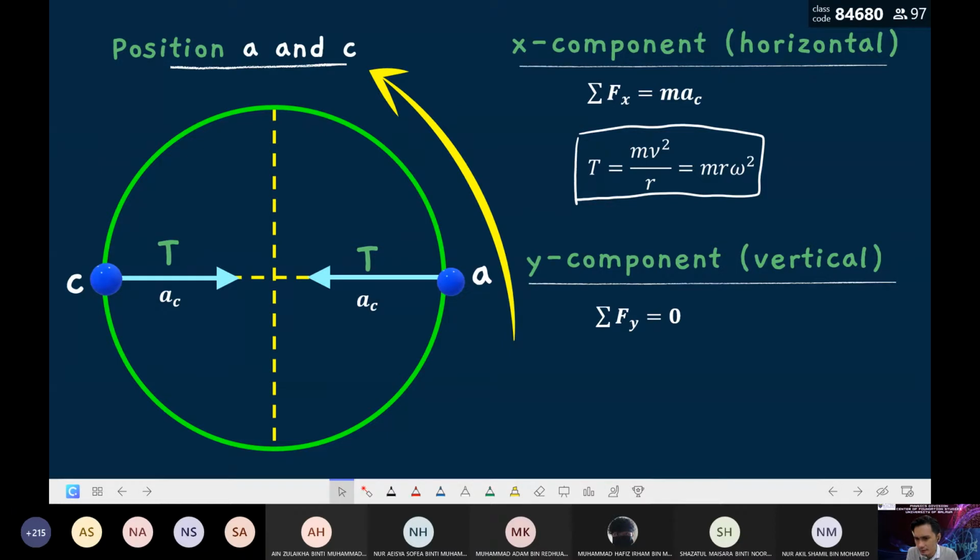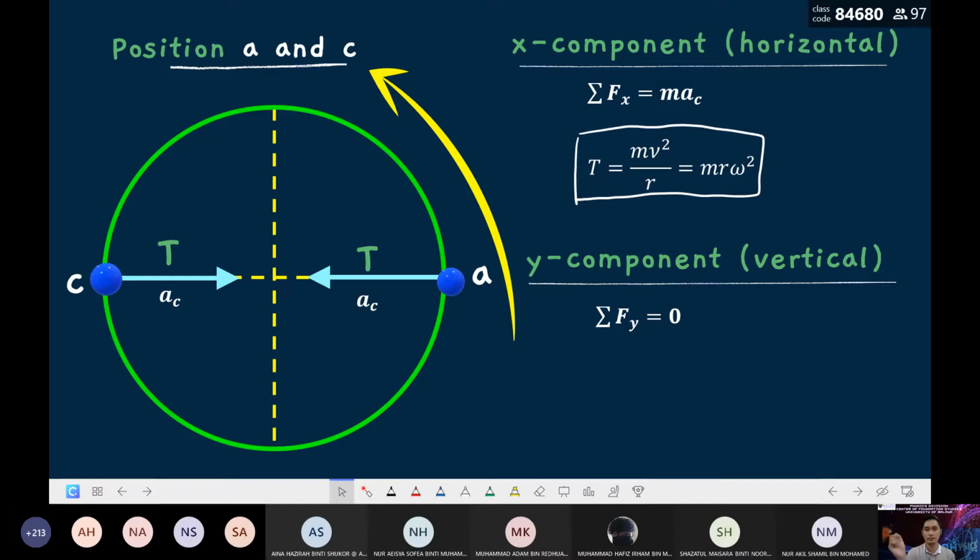Apa beza circle yang kita belajar awal-awal? Apa maksud awak? Yang awal-awal tu kan kita belajar circle, but then yang ni horizontal dengan vertical. So basically sama je lah kan sebenarnya, the motion. Yang ini kita nak belajar the centripetal force, yang tension tu berapa. Sebab kalau vertical, bola tu gerak macam ni.